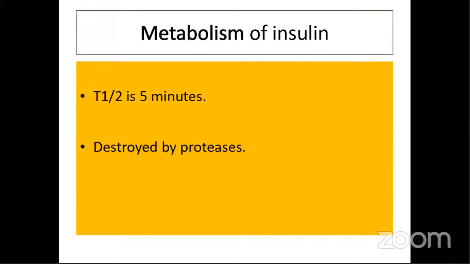So about the metabolism. I have told you insulin is a polypeptide hormone with 51 amino acids. It is produced from the beta cells of the pancreas and synthesized as a pre-pro hormone within the rough endoplasmic reticulum. Then it undergoes modification and is converted into pro-insulin. Again, C-peptide is removed from the pro-insulin and it is packed into vesicles.